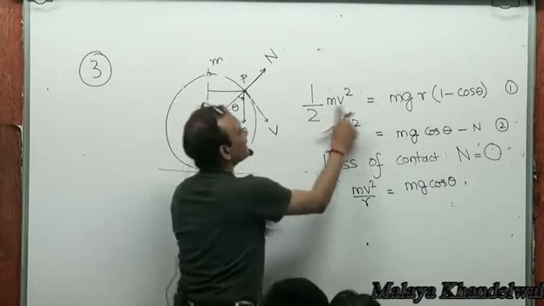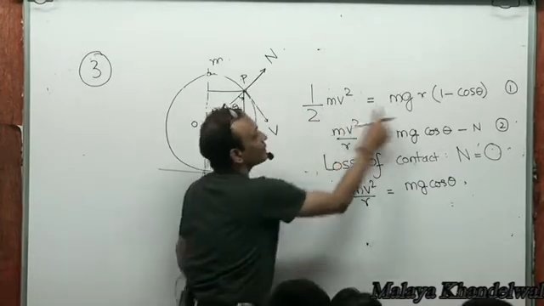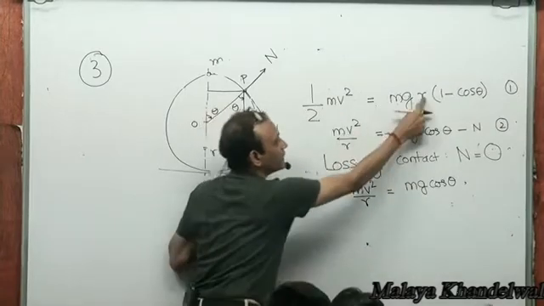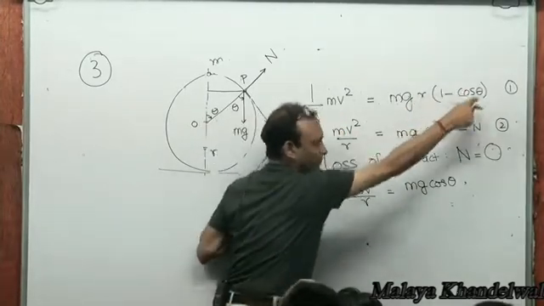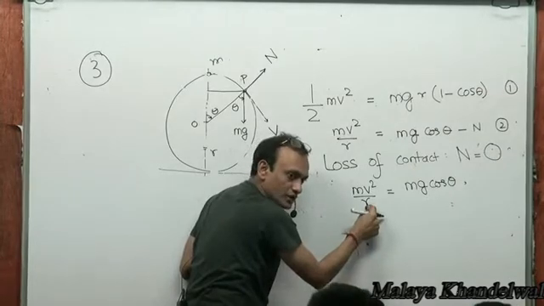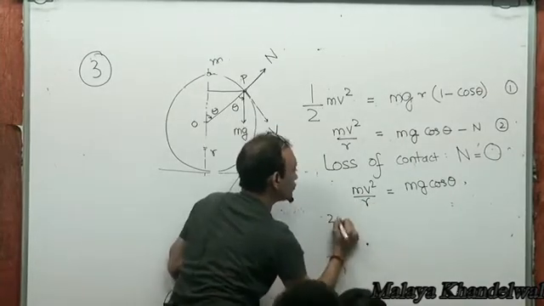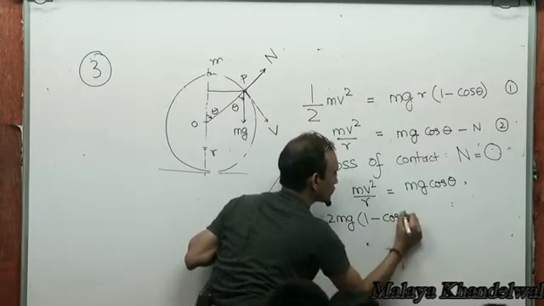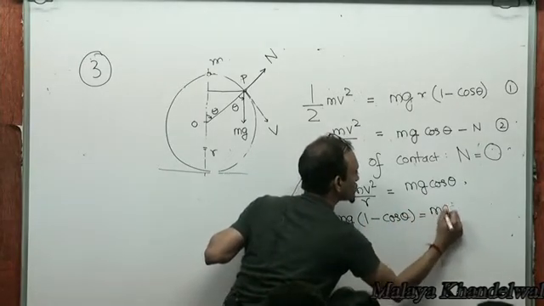And again you can see mv squared by r from here is 2mg into 1 minus cos theta, eliminating v. Mv squared by r is 2mg into 1 minus cos theta, which I can substitute here, right? 2mg into 1 minus cos theta is mg cos theta.